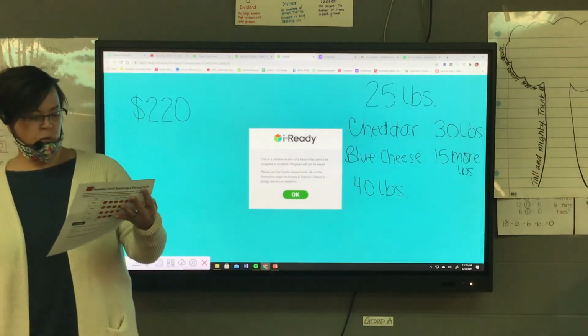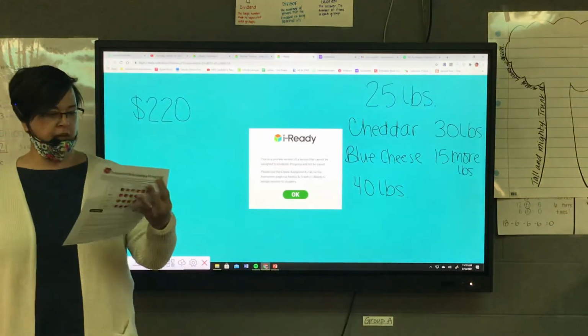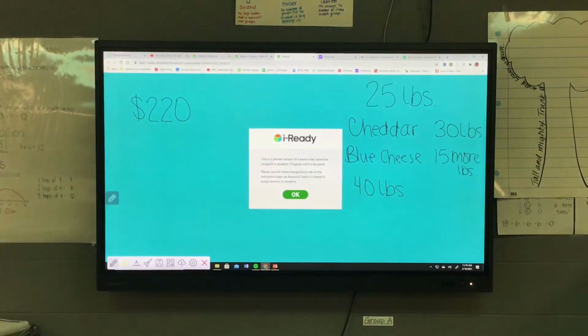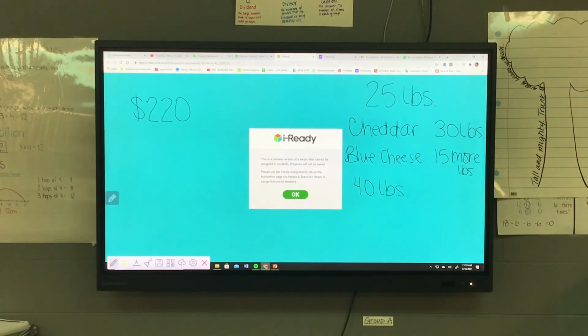And then we did 5 altogether. Okay, now what we're going to do is flip it to the back side. And I'm going to partner you up to complete the tomato fest side together.